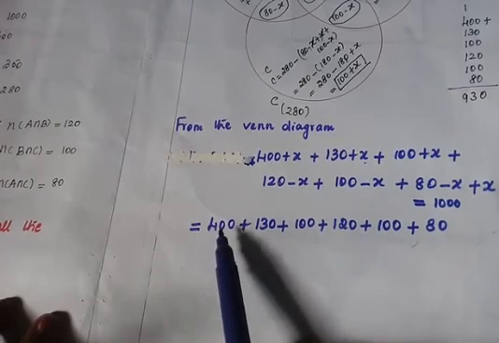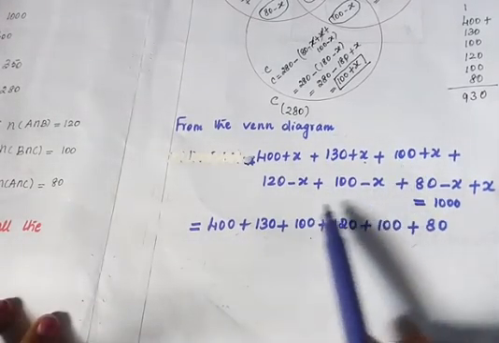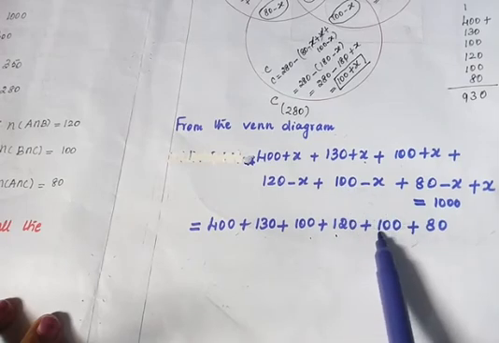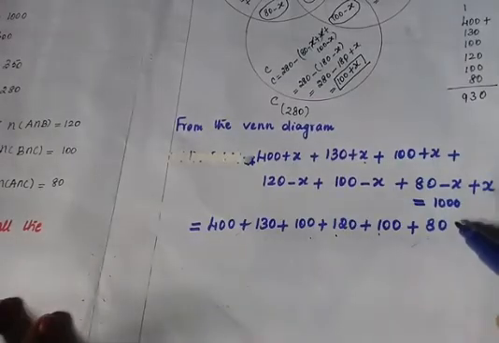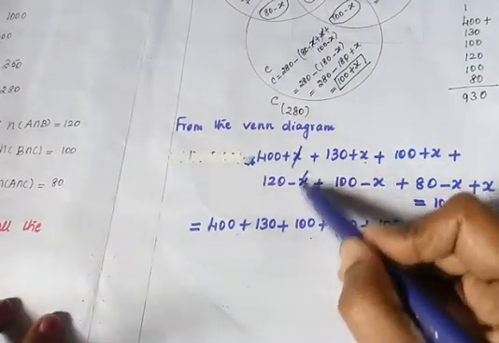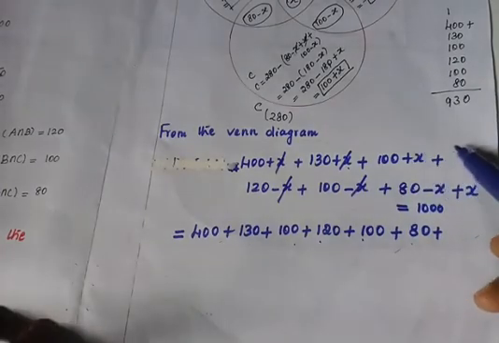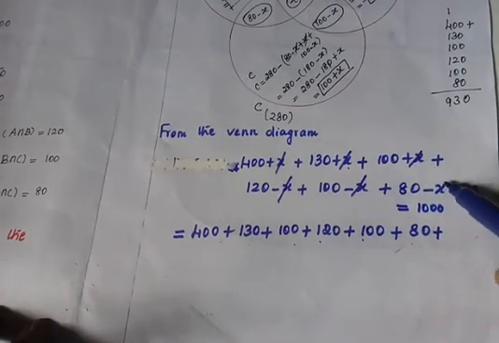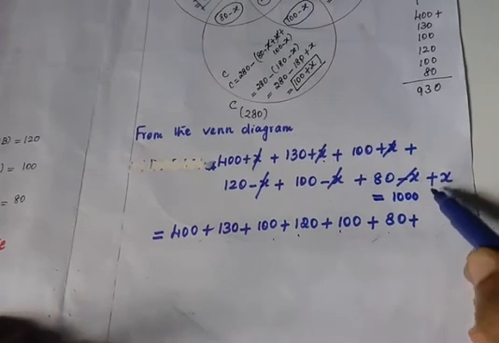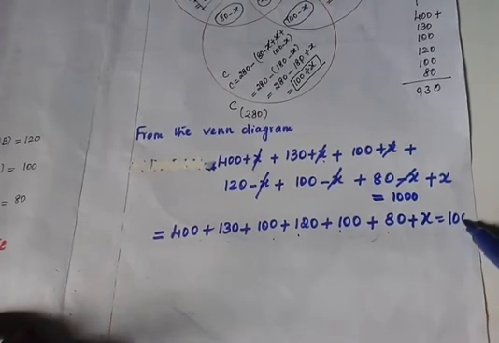Equal to 400 + 130 + 100 + 120 + 100 + 80 plus, here −x and +x cancel, −x and +x cancel, then +x and −x cancel, so only one x we have, plus x equals 1000.